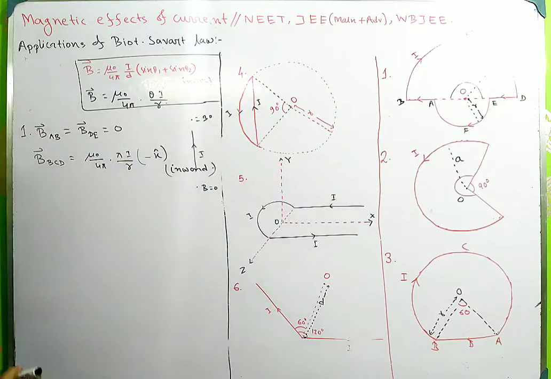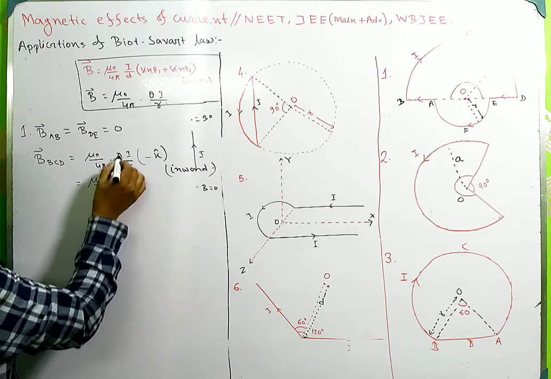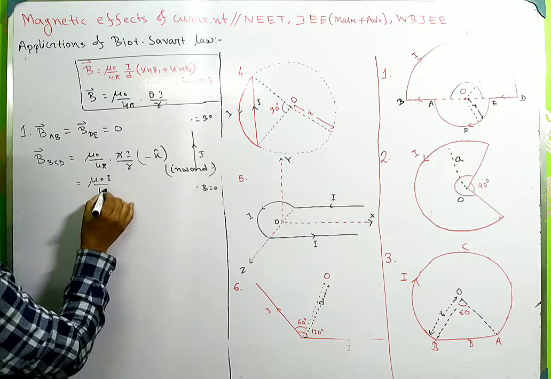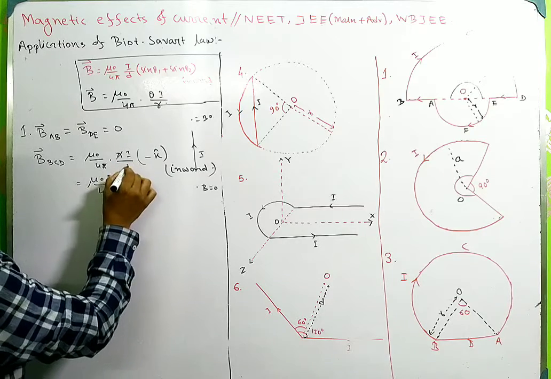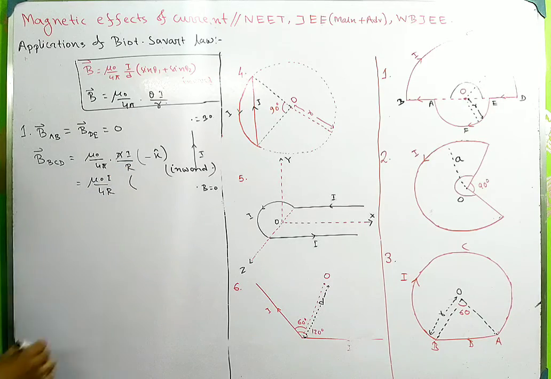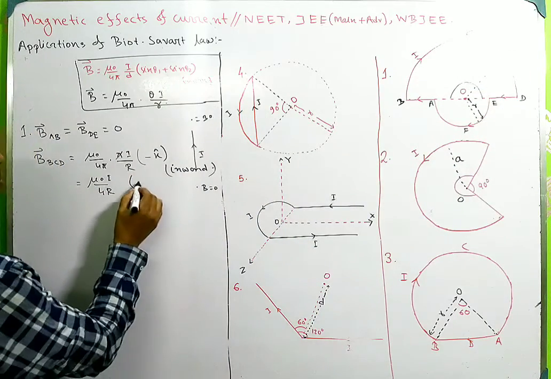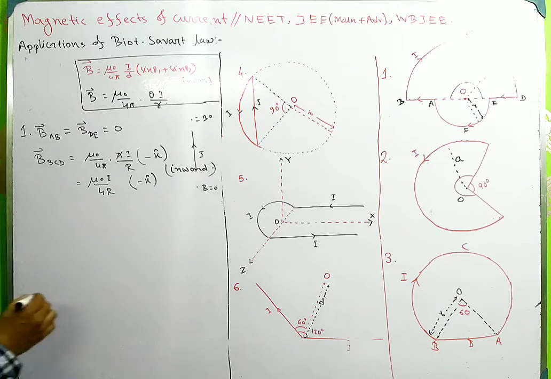Now pi will cancel out, so mu0 I by 4 capital R. This is capital R. The direction will be minus k cap, that means inward.